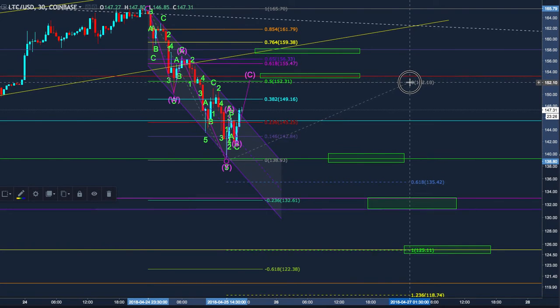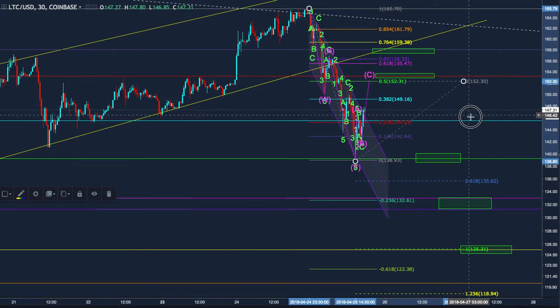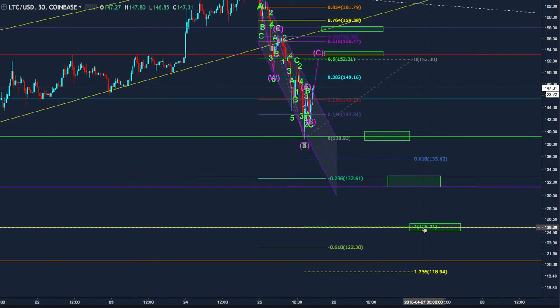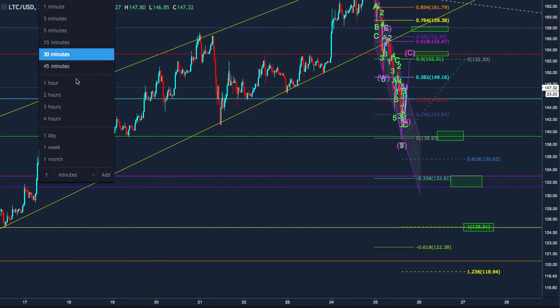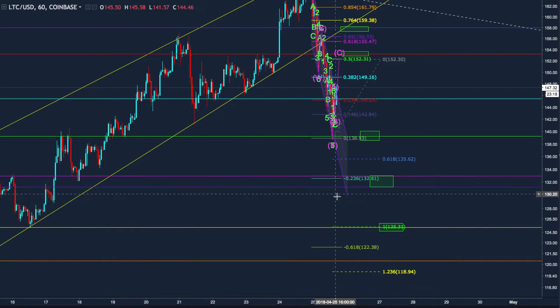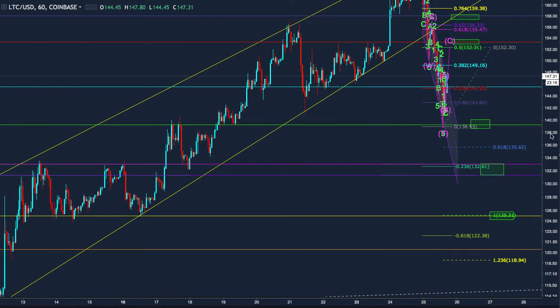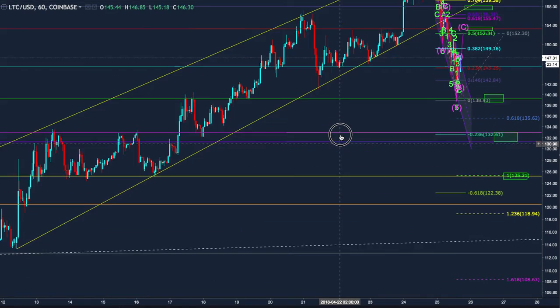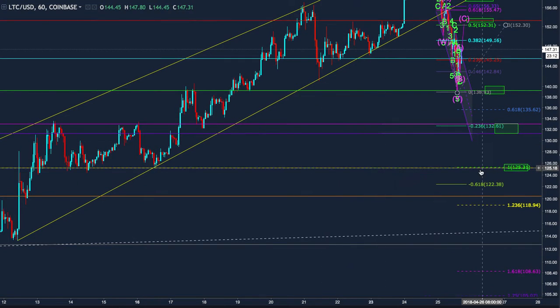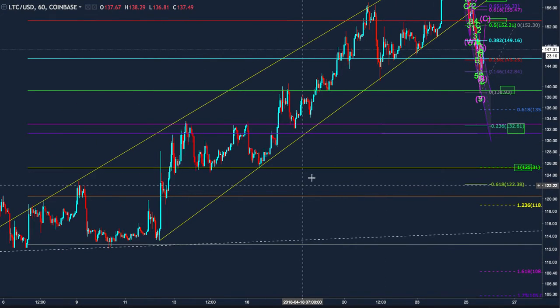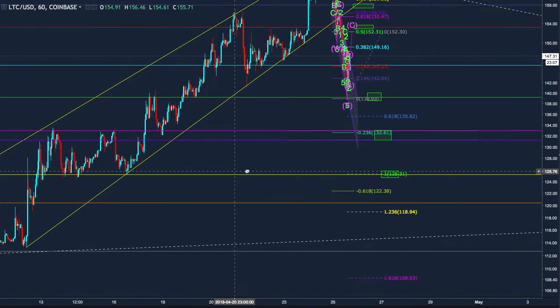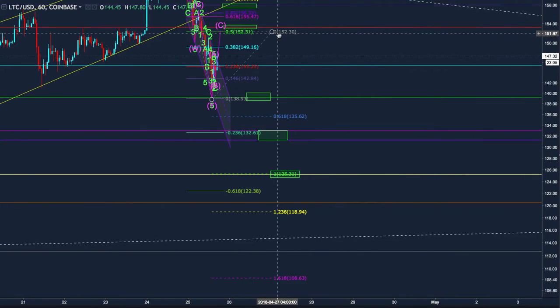So actually, if we use the 0.5 level, we see that that lines up really well with this level down here. Let me zoom out a little bit more, and there's good price action here, right? So it would make sense for price to retrace down here and then find some support. Let's see.